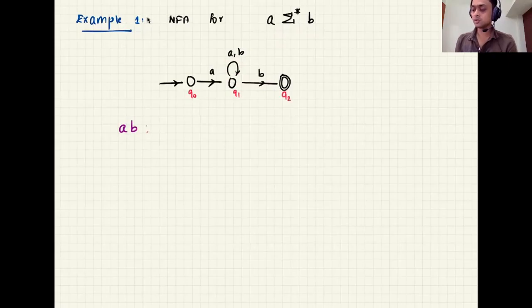What are the possible ways in which I can read this AB? Starting from Q0, you read A, you can go only to Q1. From Q1 on a B, you can either go to Q1, or the other option is to go to Q2.